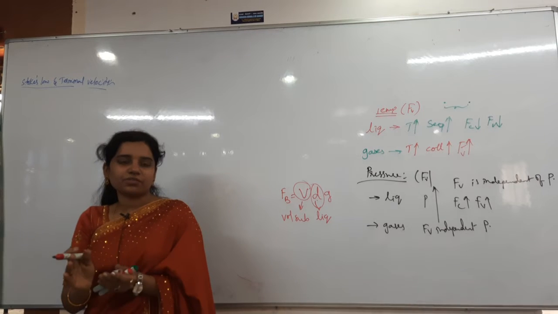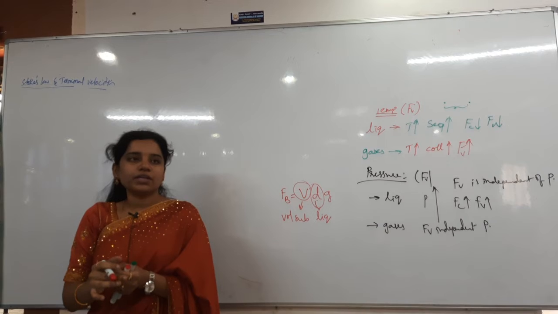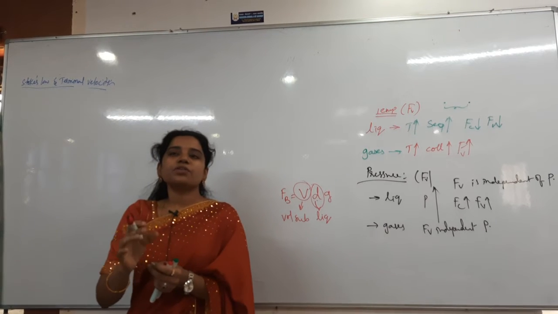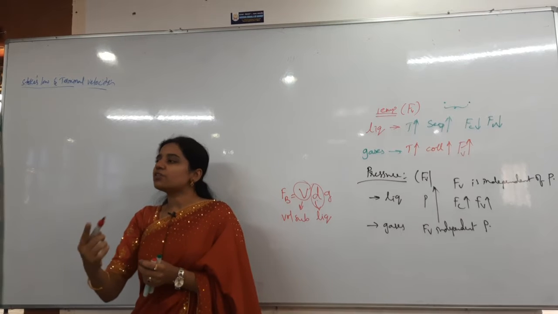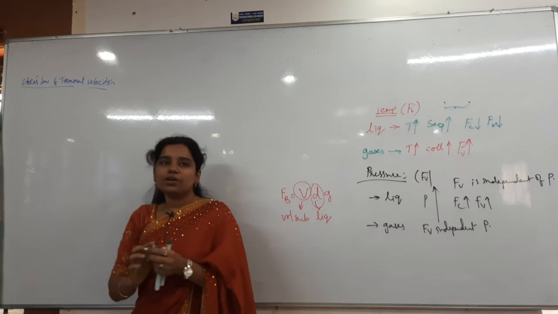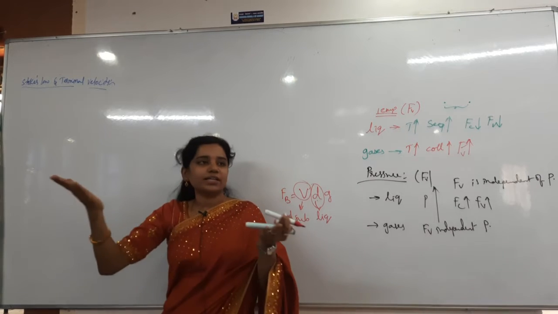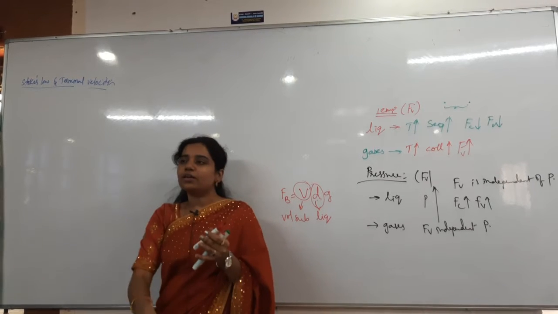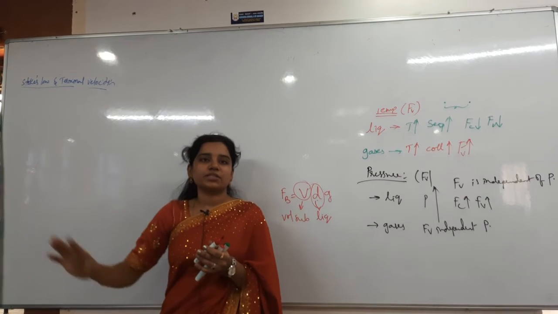The main concept is, whenever you submerge a body in the liquid, the force of buoyancy will act on it in which direction? Upward direction. Whenever you keep something in the water, water gets displaced. So the force of buoyancy is equal to the weight of the liquid which is displaced.